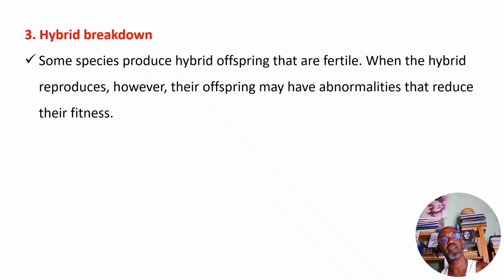You see, a hybrid is produced between two similar populations which have developed reproductive isolation. The hybrid is healthy, it is born, it is not sterile, it is fertile. When the hybrid again reproduces, the offspring are really weak.